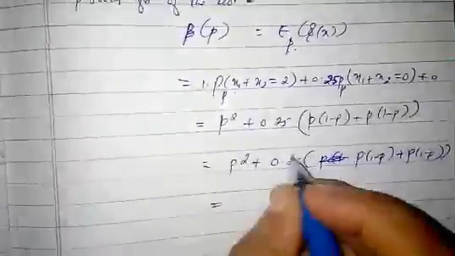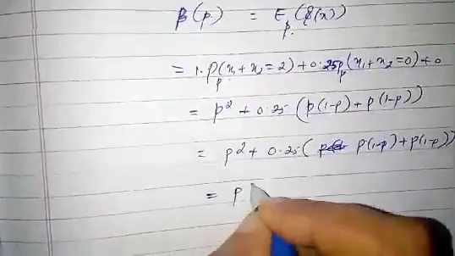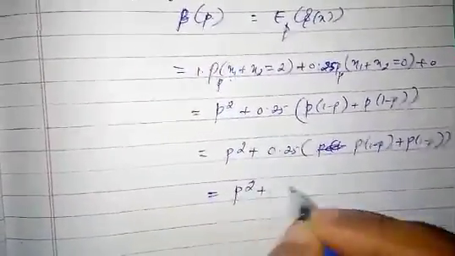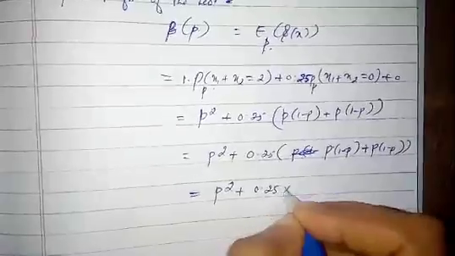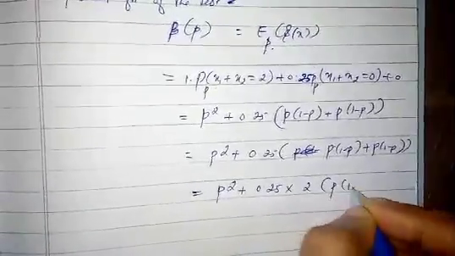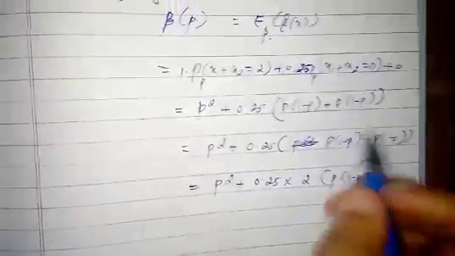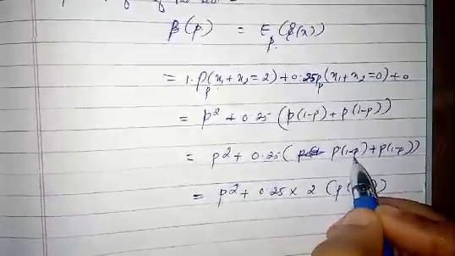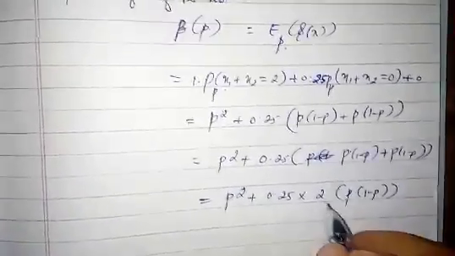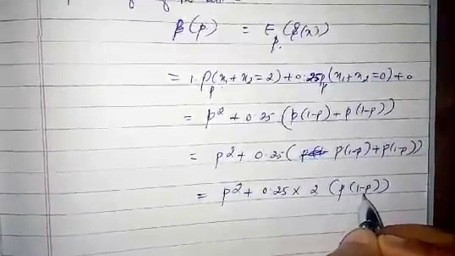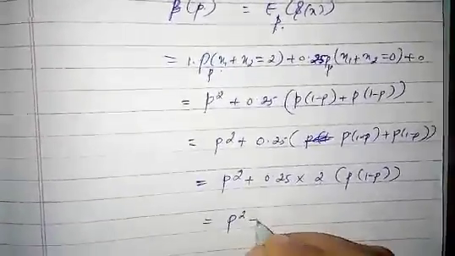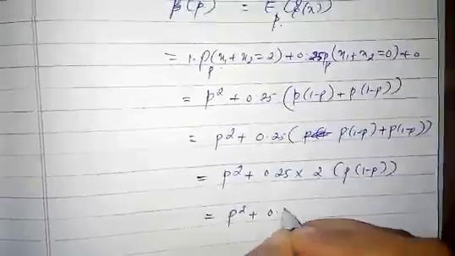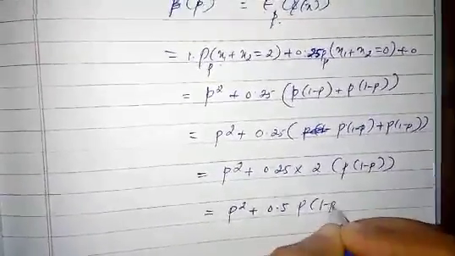So we can simplify these terms: p square, and here the term occurs 2 times, so we can write 0.25 into 2 times p into 1 minus p. That is equal to p square plus 0.5 into p times 1 minus p.